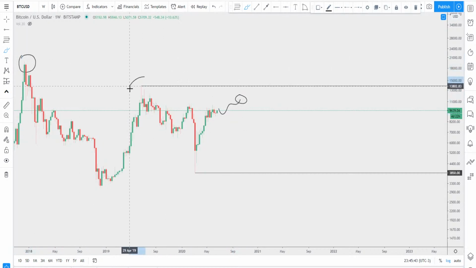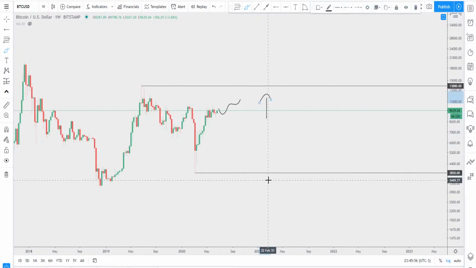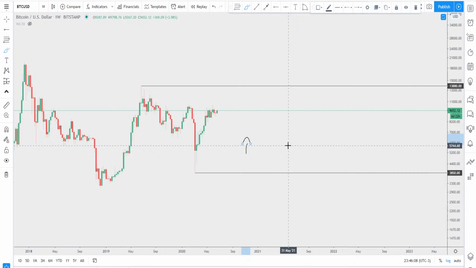still a lower high, right? So it's not bullish at all. So no news here. And the thing is, the higher the range we go, also it will increase the range for the pullback. So what does it mean? If we break now, let's say we are going to close above the range of 5,800, okay?